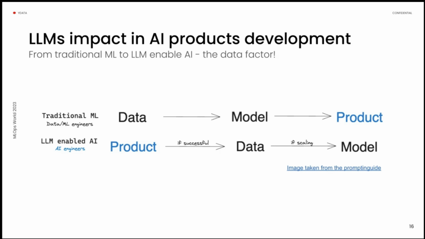Actually, with these foundational models, we see a total difference in the flow. So we start with the product, then if the product is successful while using our baseline model or an out-of-the-box model, we train it with more data, and we want to scale that model for other use cases and other examples. So we feed it with more data and more use cases of that data.